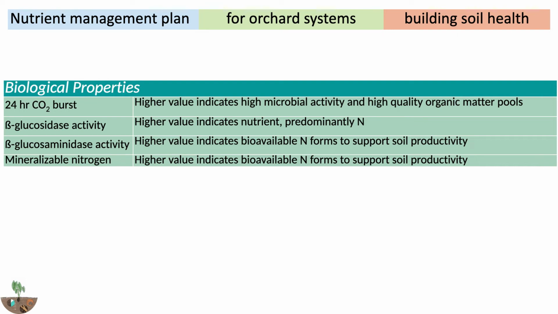I find these very useful because 2 of them are enzyme activities and the other is mineralizable nitrogen. For both of these, a higher value indicates nutrient availability and nitrogen cycling that could support productivity.